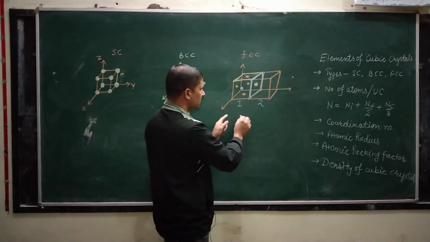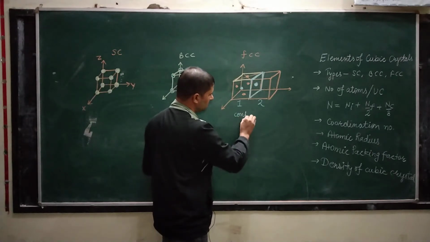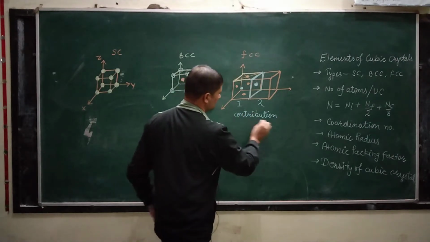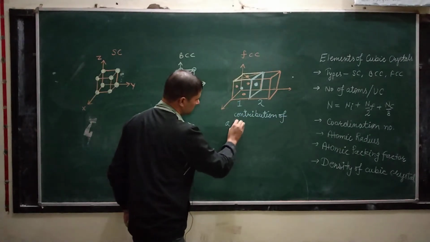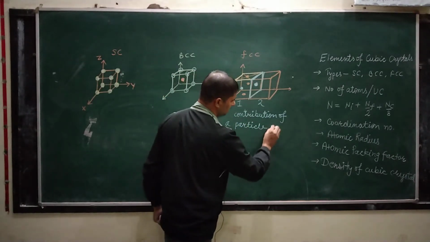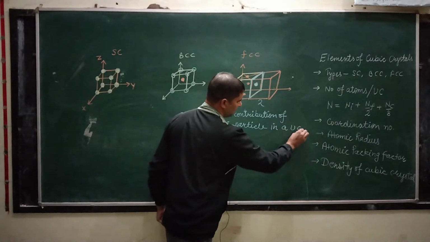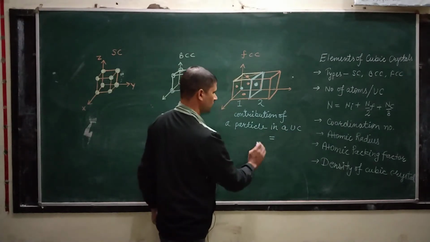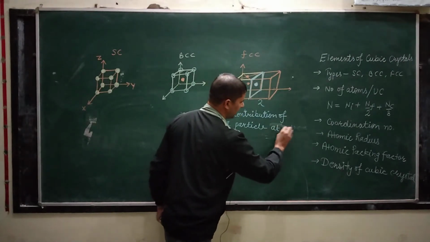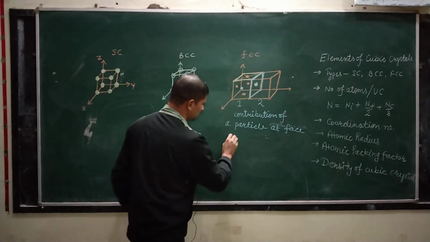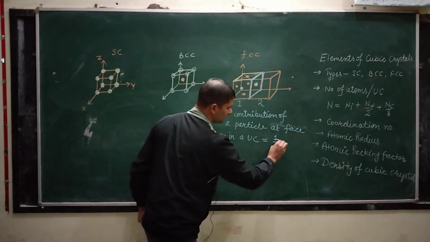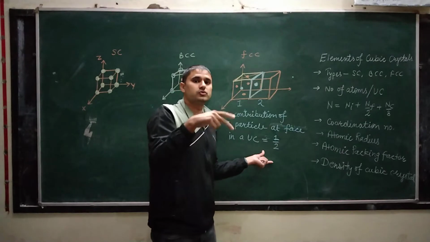So here you can see the contribution, I will write here, the contribution of a particle at face in a unit cell is equal to half, because it is shared by 2 unit cells.